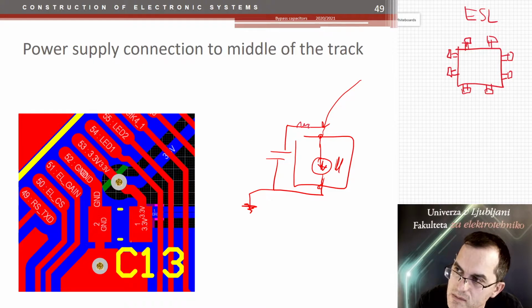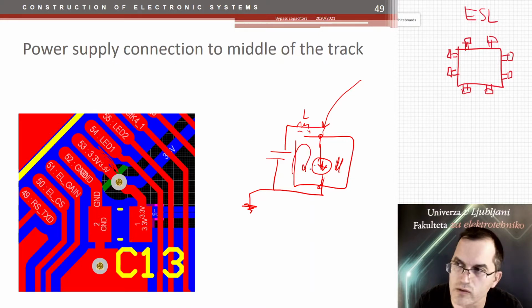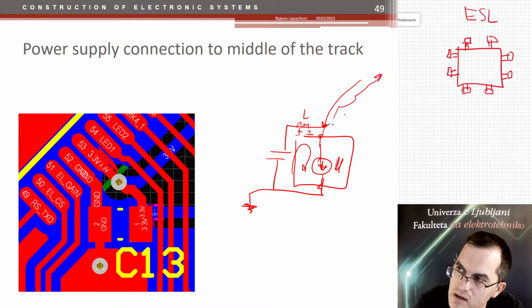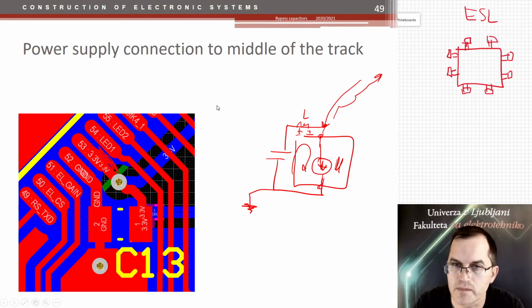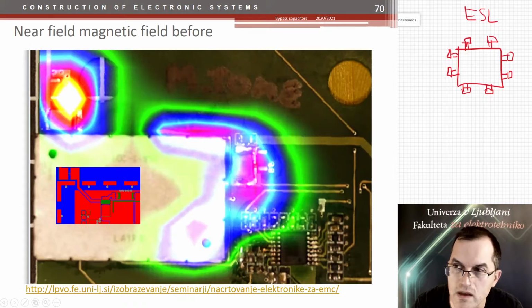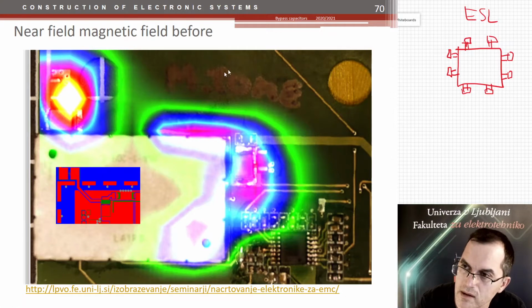So this part of the inductance, this part here, would actually add to the noise because the noise is then flowing through this loop here. So this noise here, plus minus, minus plus, whatever, would add to the total noise that would then go conductively to this wire. So this actually happened here. It happened because of this short track here. The power came here, it ran into this capacitor.